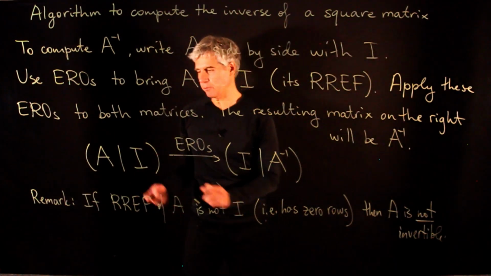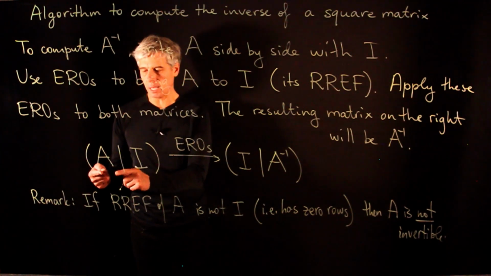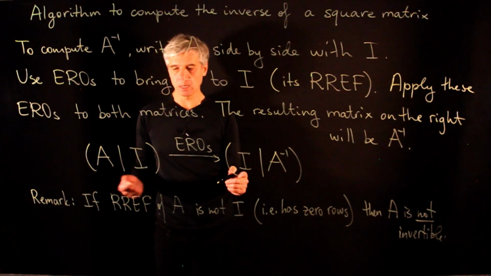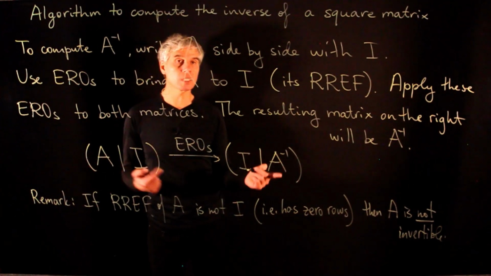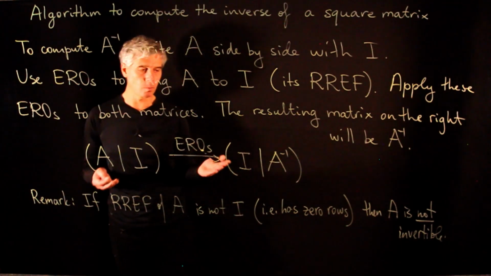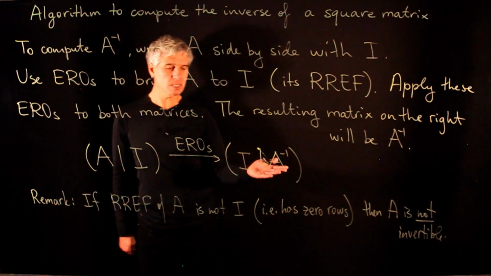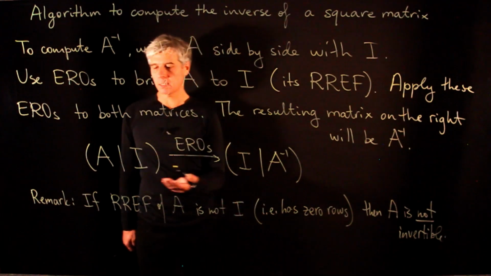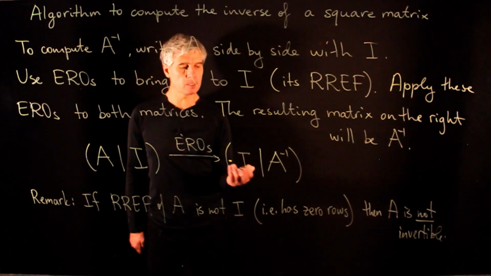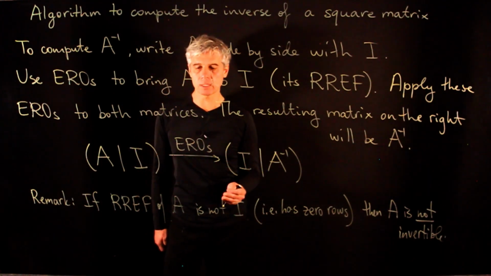Right. So if we fail to bring A to identity matrix, then this means that the matrix A does not have an inverse. So whenever the inverse exists, this algorithm will compute it. And if this algorithm fails, then the inverse does not exist.